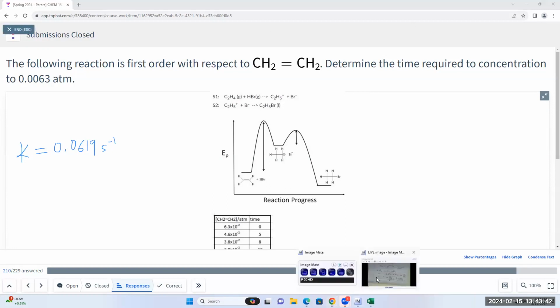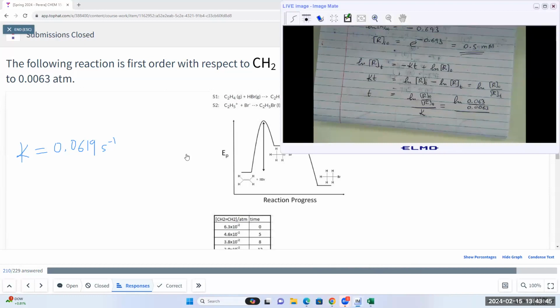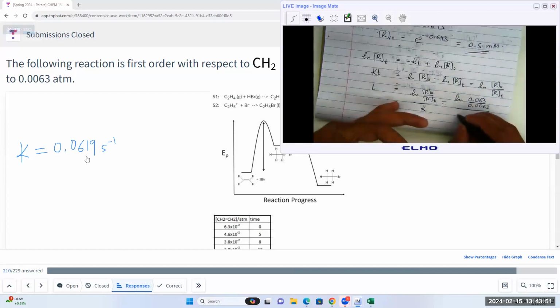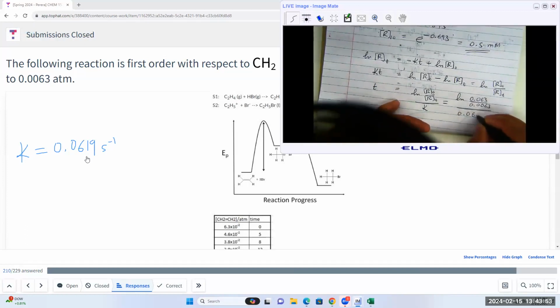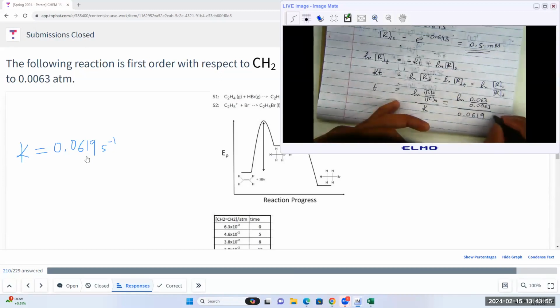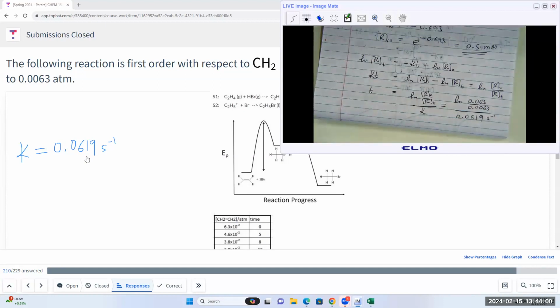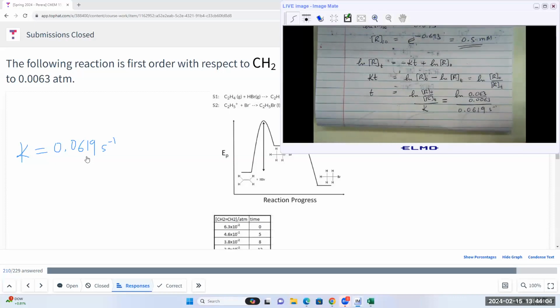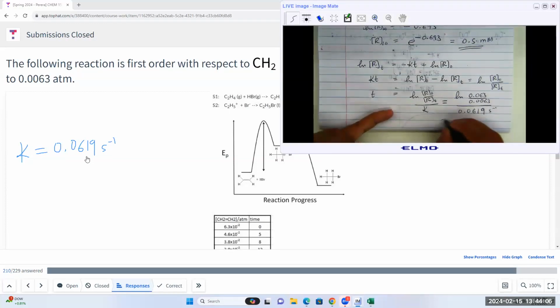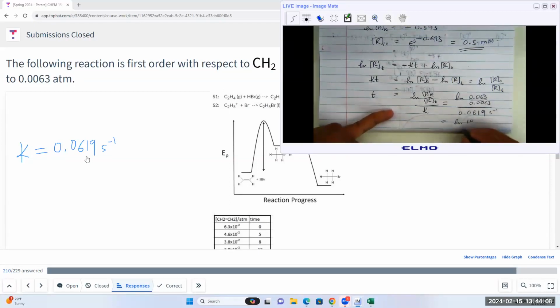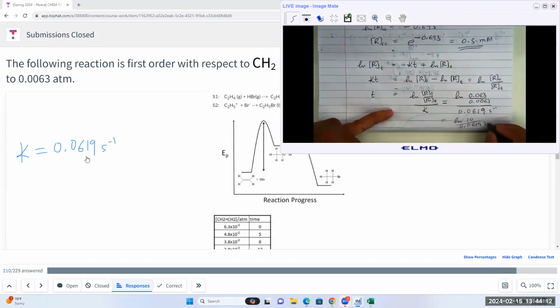I know you don't see what I'm writing, okay? I just wrote these values, and the rate constant is 0.0619. Okay, this should be in per seconds. All right. Now, if you do this calculation, it should be ln of 10 divided by 0.0619 per seconds.